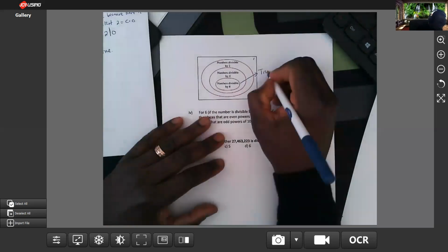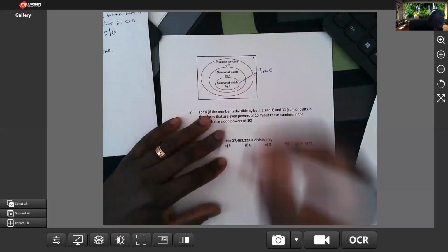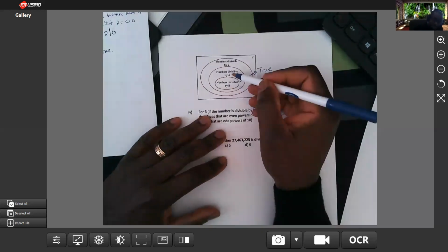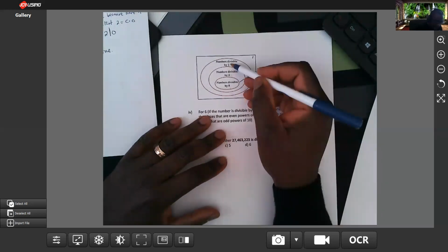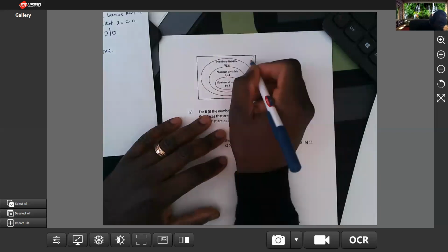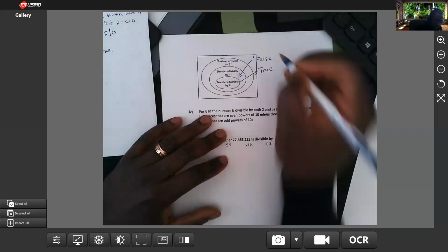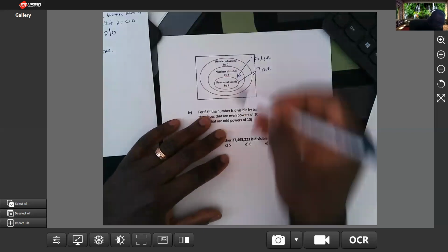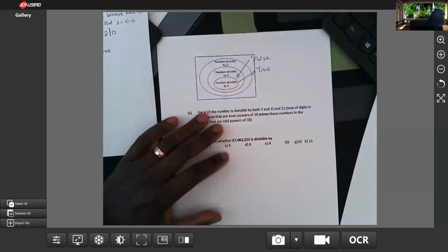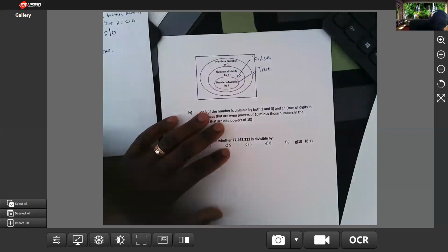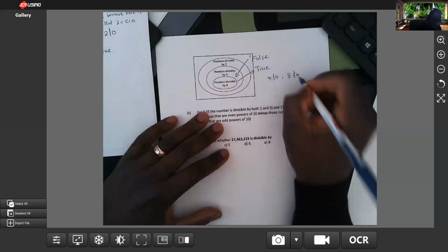What does it mean? A number that is divisible by 8 is divisible by 4. It is also divisible by 2. Going from outside to inside is false, because a number that is divisible by 4 does not mean it's divisible by 8. Example: we know that 4 divides 4, but we know that 8 does not divide 4.